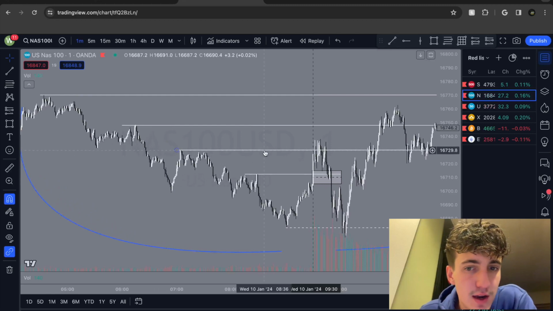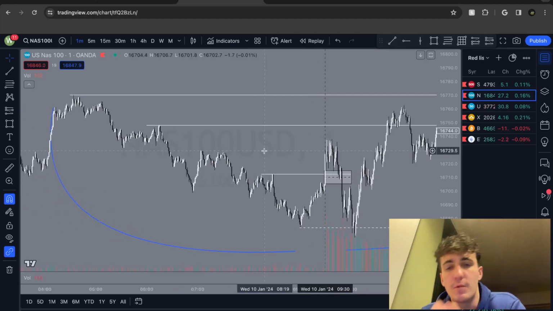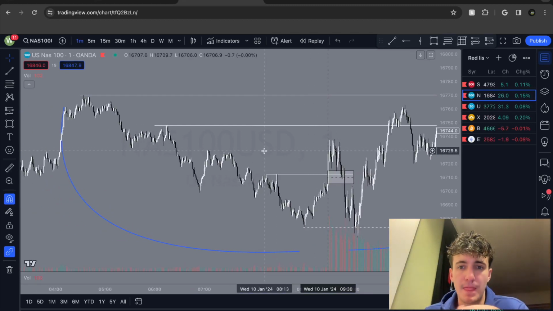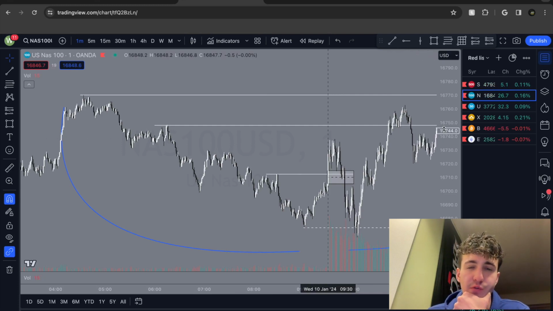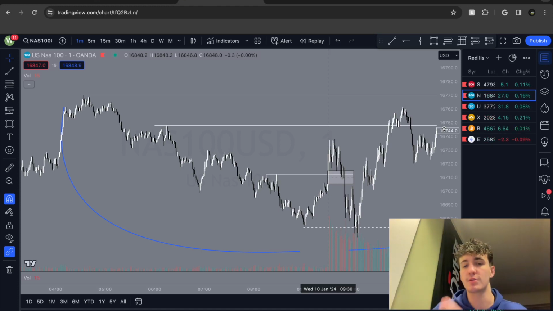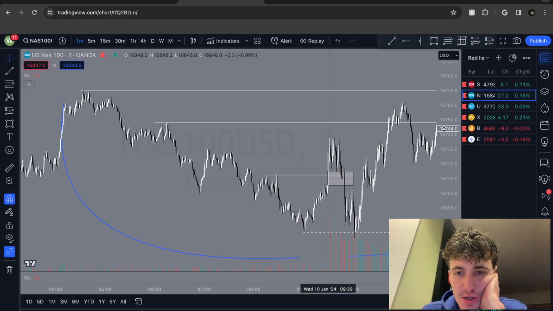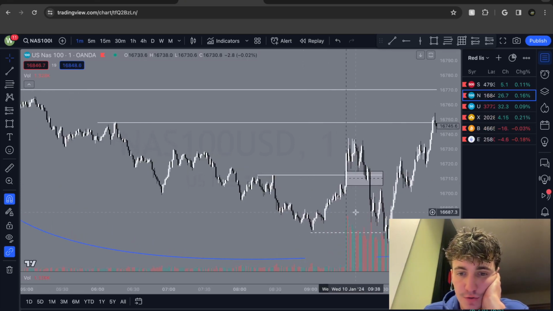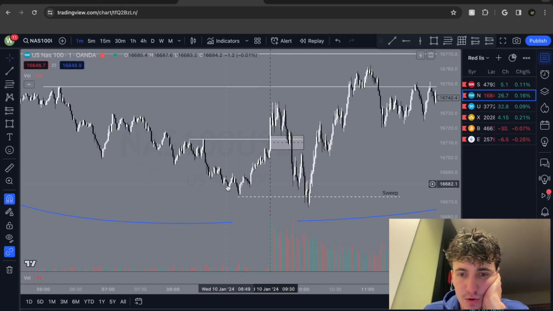Okay, so we sweep this high, get rid of that. Now what I should have done is waited for the retracement, and I should have also used the confluence that SPX just swept very high liquidity, 3 hour high, 1 hour 3 equal highs, and it's gonna move down obviously. So I should have been patient and waited for market to retrace, and this would have been the real sweep.